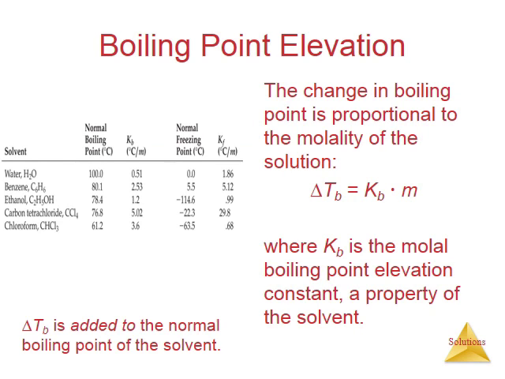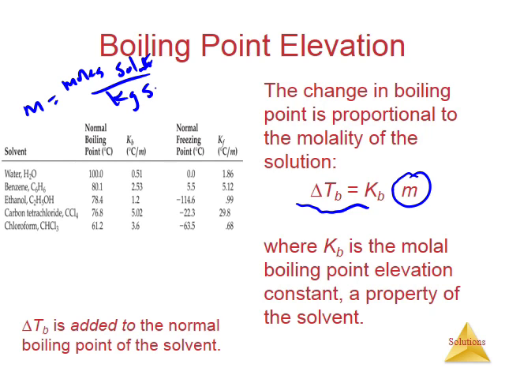As I discussed before, boiling point elevation depends only on the number. In this case, that number is expressed by molality. So in case you forgot the definition, molality stands for moles of solute divided by kilogram of solvent. So it's represented by small m.